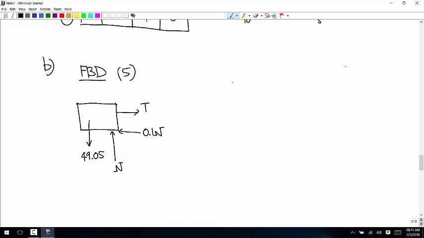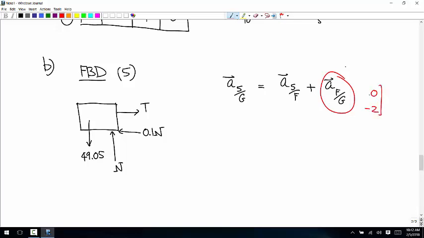We're going to call the acceleration of 5 relative to the ground, as a vector, equal to the acceleration of 5 relative to the elevator plus the acceleration of the elevator. It's not an elevator anymore. I call it floor. Acceleration of the floor relative to the ground. And the acceleration of the floor relative to the ground is 0, -2.